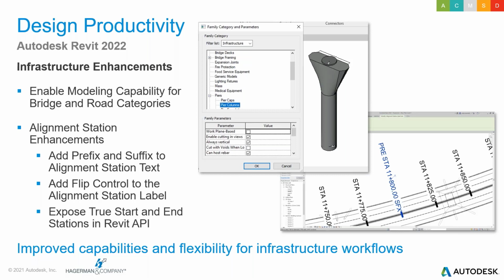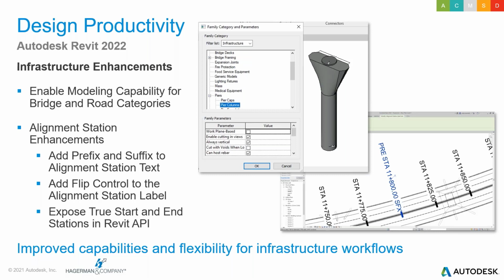So even though there might not be a road tool per se, there is now a way to properly categorize these elements. These families can host rebar, can be defined as cuttable in views, can be scheduled and tagged, and so on. Revit 2022 also provides small enhancements to alignment stationing.